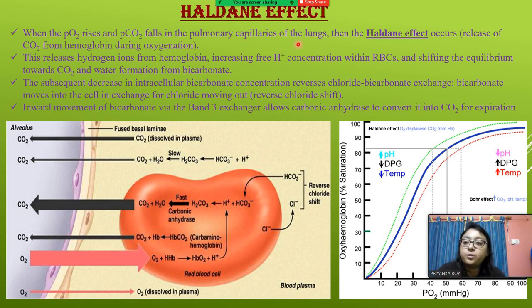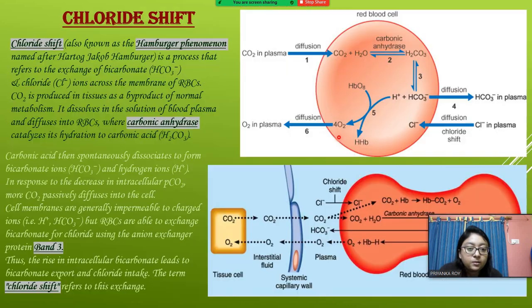Of course, the oxygen pressure is much higher than the carbon dioxide pressure. Then the Haldane effect occurs, which means the release of carbon dioxide from the hemoglobin during oxygenation of the blood. This releases hydrogen ions from hemoglobin, increasing the free H+ concentration within the RBCs.